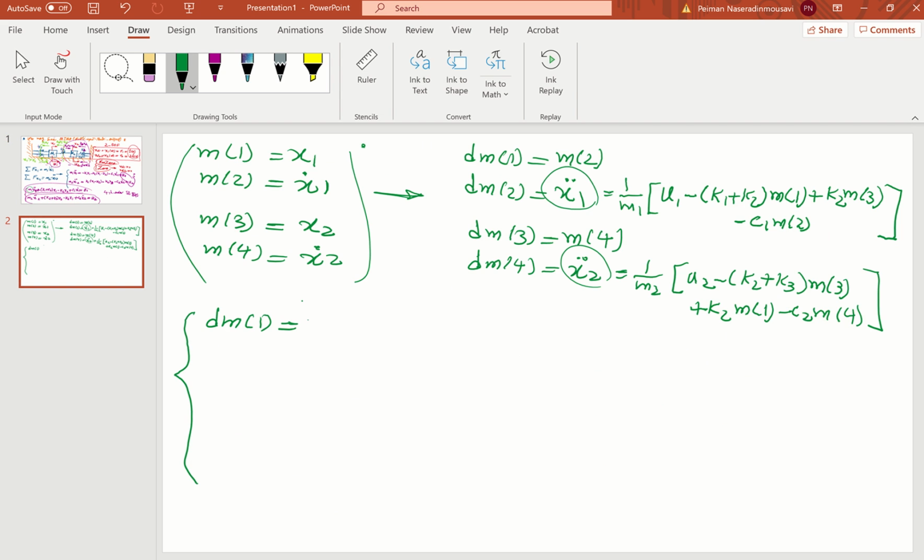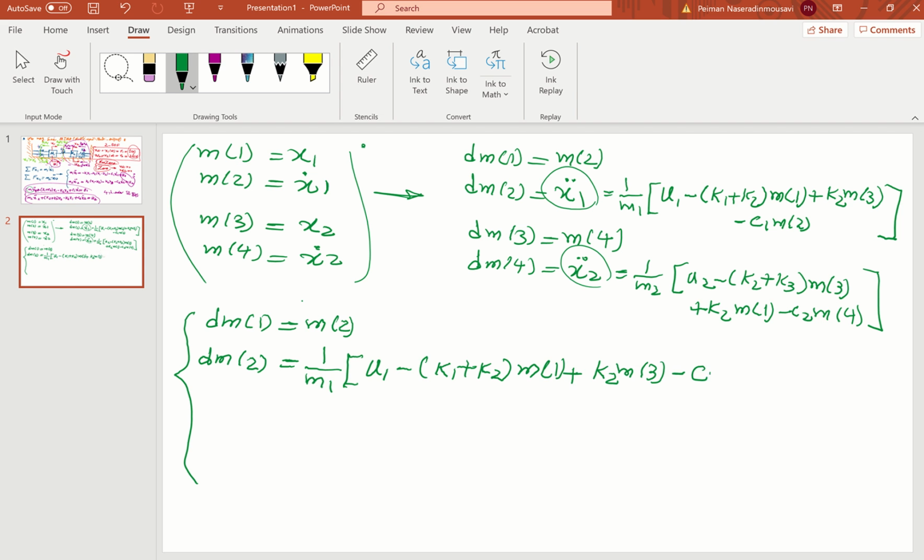dm1 is equal to m2. dm2 gonna be 1 over m1 times the control input that we're gonna design today, hopefully, minus k1 plus k2 times the m1 state variable plus k2 m3 minus c1 m2.